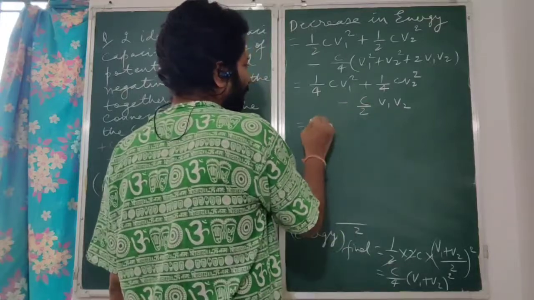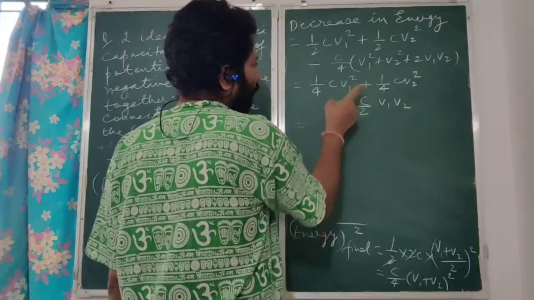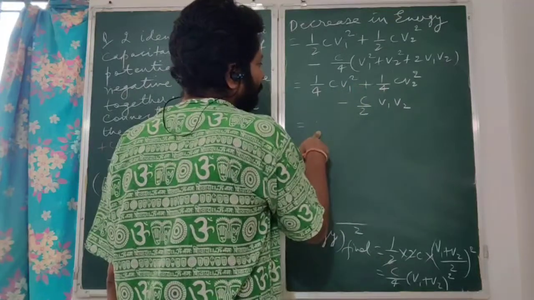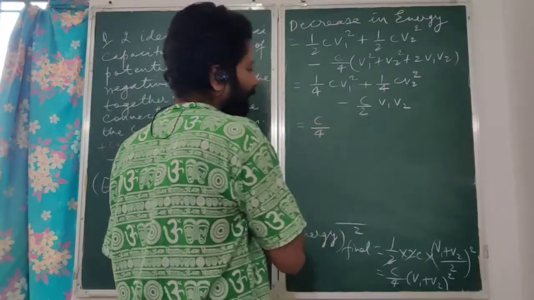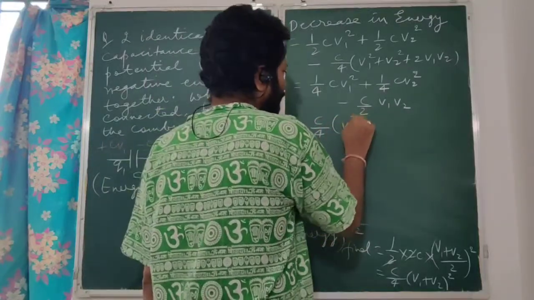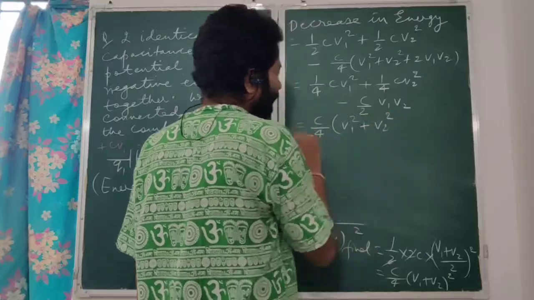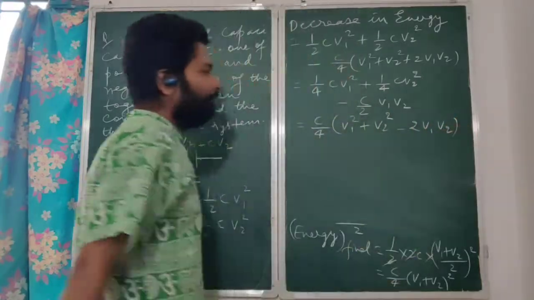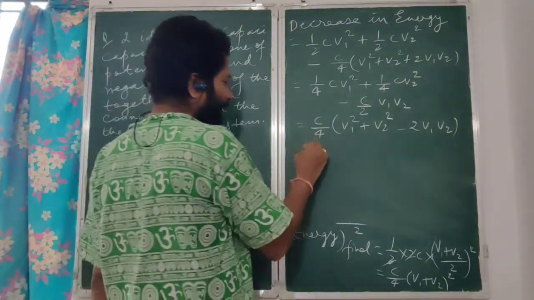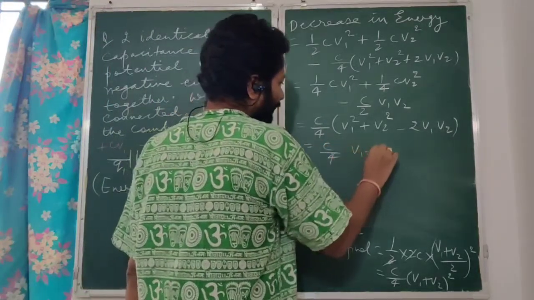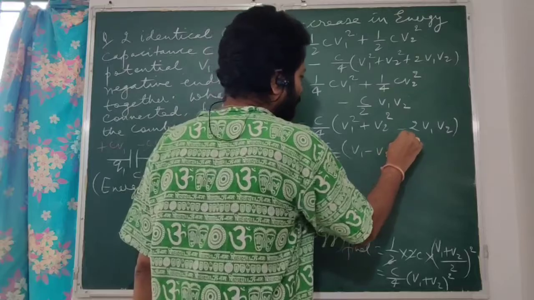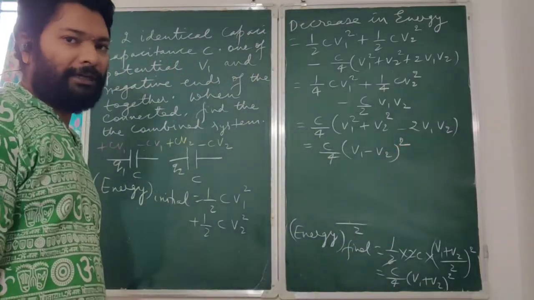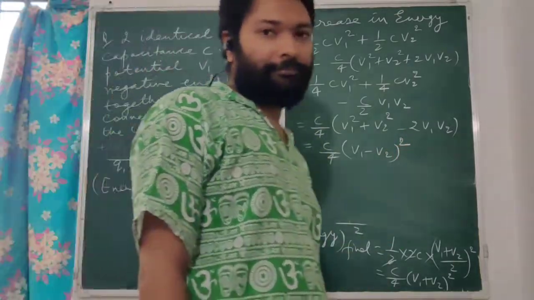Let us say we take C by 4 as common. Then what do you get? V1 square plus V2 square minus 2V1V2. So this can be rearranged as C by 4 times V1 minus V2 whole square. So this will be the final answer.